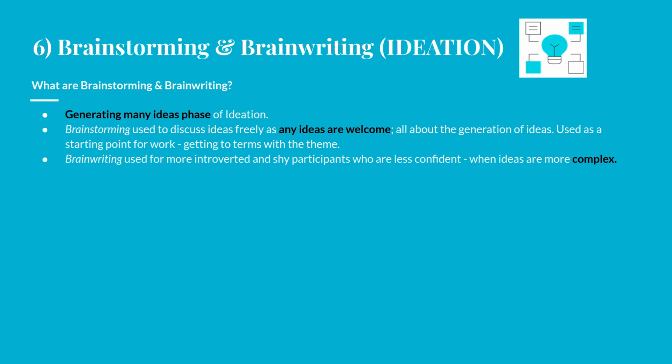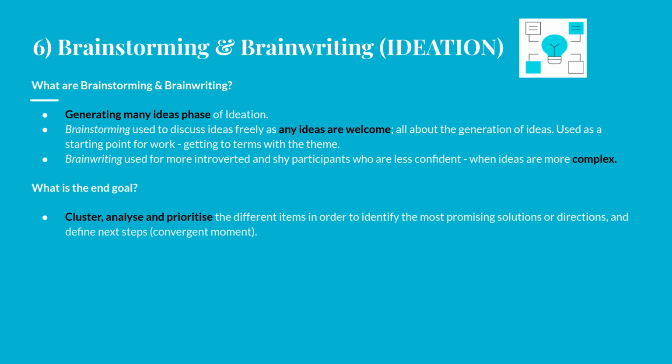So this is a good way to empower the more quiet participants. So, what is the end goal? It is to cluster, analyse and prioritise the different items in order to identify the most practical ideas into solutions, and then defining the next steps into the convergent movement.